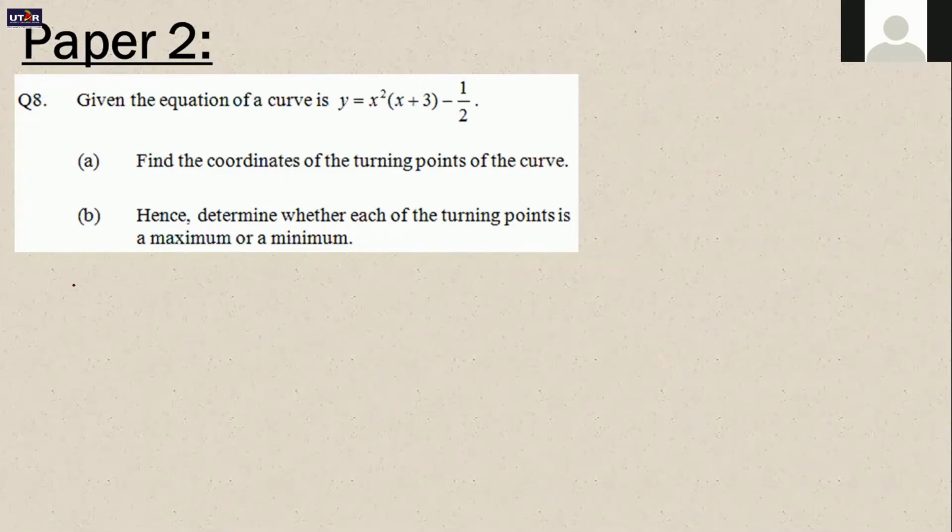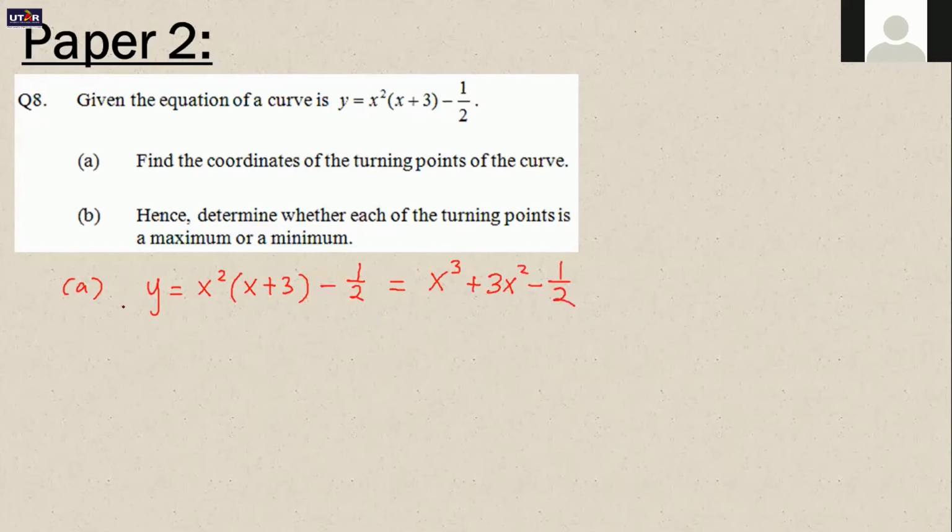So y, right? We look at part A. So this is the curve given. If you expand it, you will realize that you have x power 3 plus 3x squared minus 1 over 2. So we have 3 terms, right? So first, to find the turning point, you must have the first derivative.